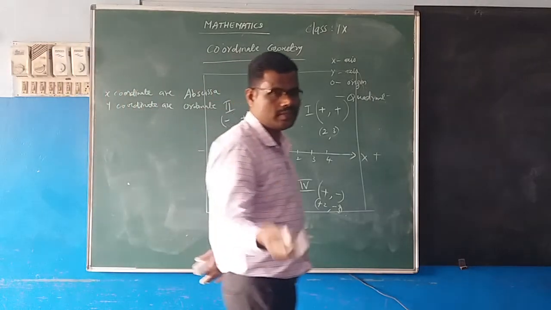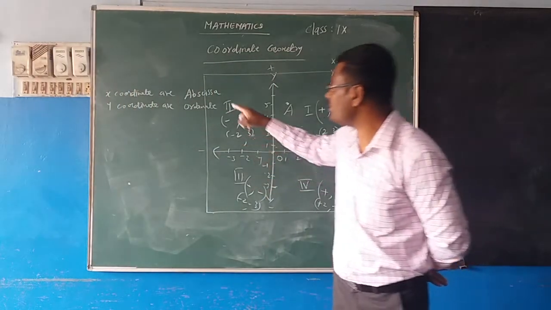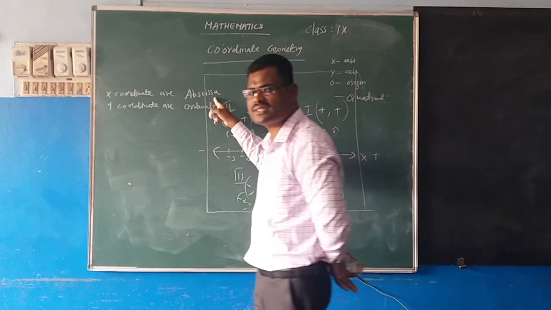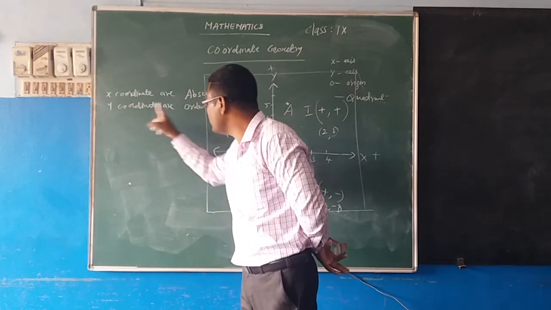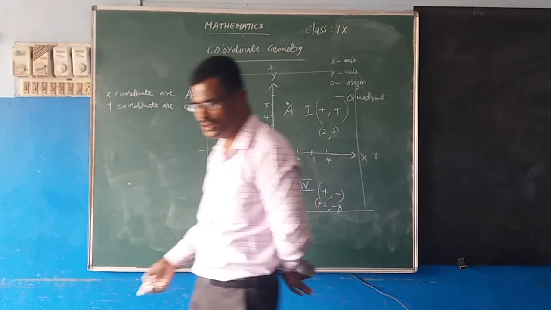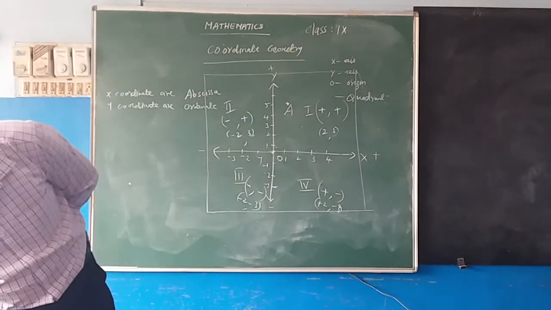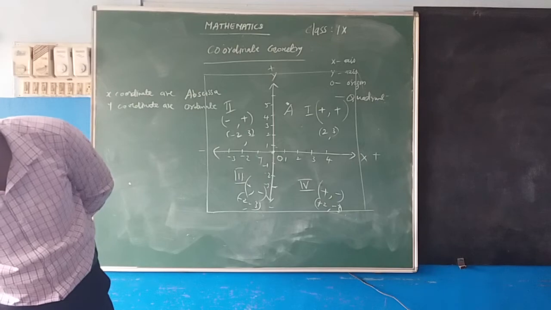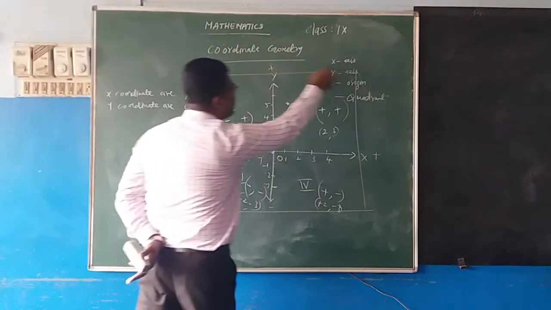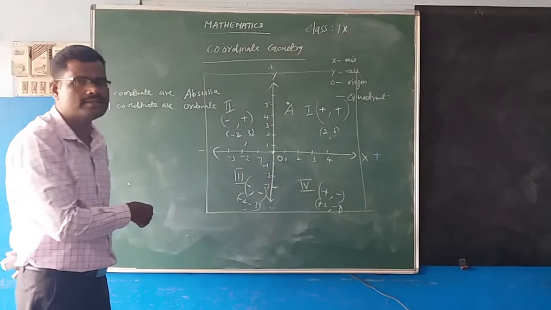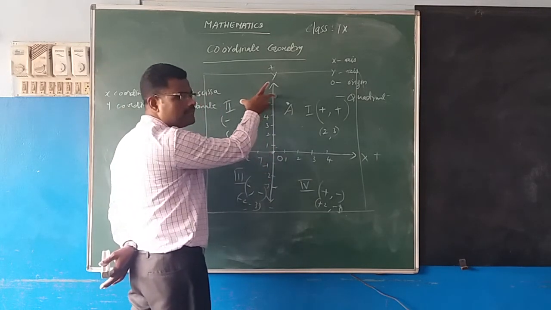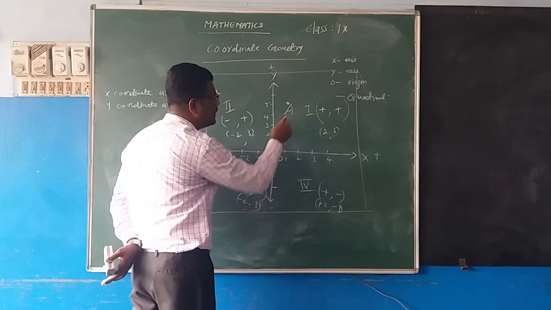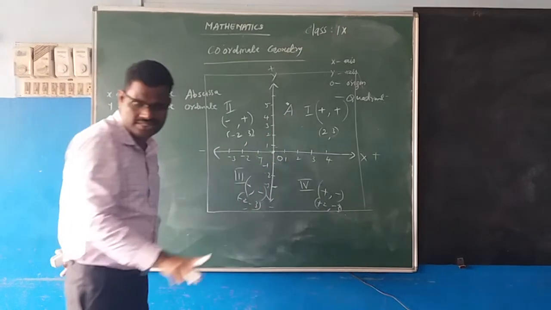X coordinates are also called abscissa. What do you mean by ordinate? Y coordinates are called ordinates. This system is called the Cartesian system, which means representing the points on a Cartesian plane.